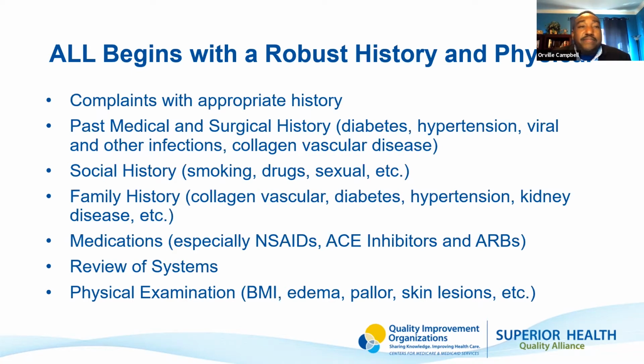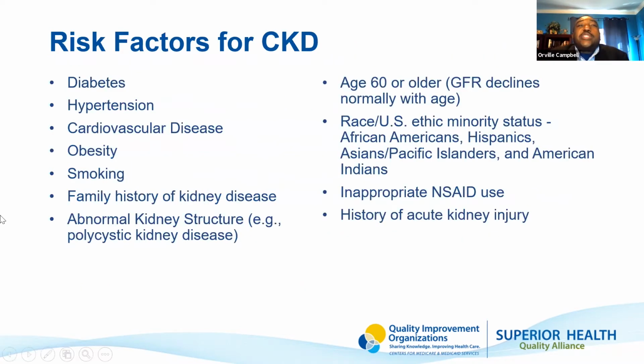Next slide, please. Well, what are the risk factors for chronic kidney disease, or CKD? There are numerous, but these are some of the major ones that the bulk of the patients you will see will fall under: diabetes, type 1 and type 2 diabetes.